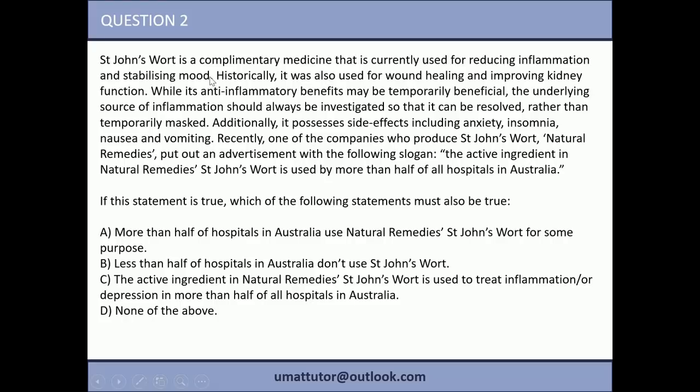That's passable, but the issue is that we don't know in this statement what the active ingredient in St John's Wort is actually used for in hospital, because the active ingredient might be used for something totally different from inflammation and depression. So because we're not given that, we can't make that assumption. We have to keep it within the scope of what we've been given here in the passage. And for that reason, C would be wrong too.